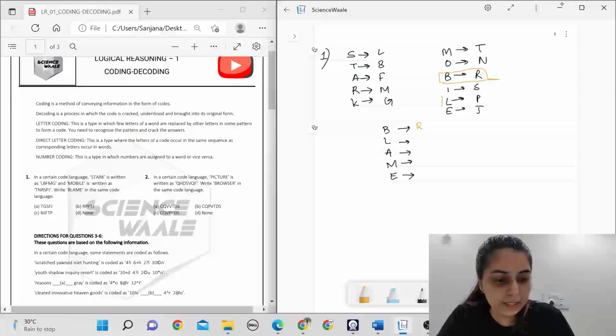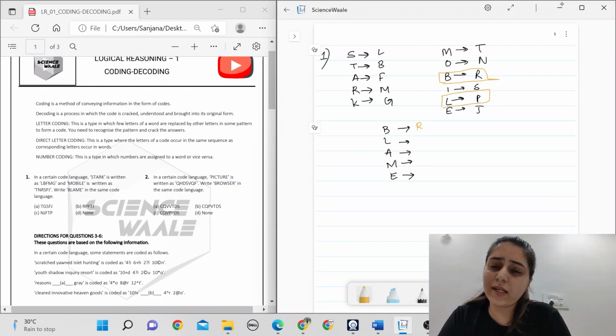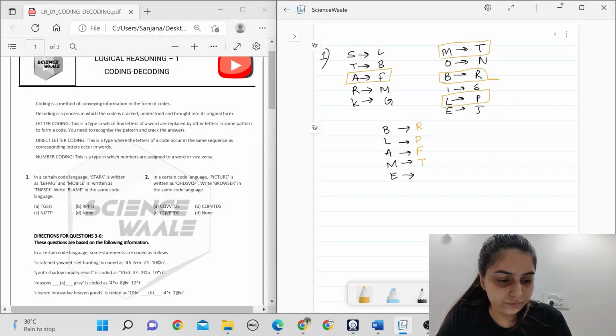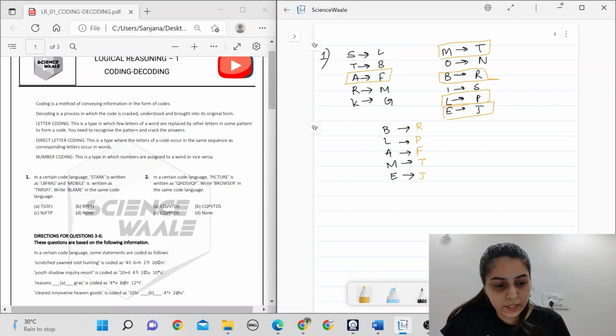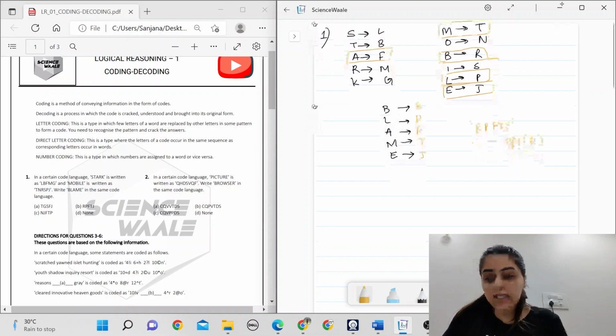L here again is coded to P. You can check if L is coded to any other letter, but there is no other letter, so it's P. A is coded to F. M is coded to T, and E is coded to J. So the answer for the code for blame would be RPFTJ, which is option number B. So the right answer is option B.